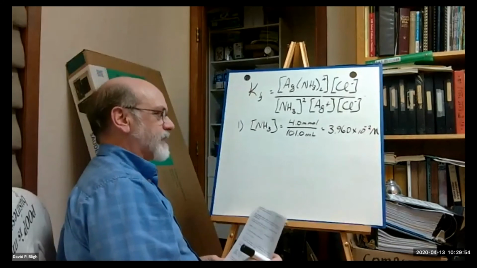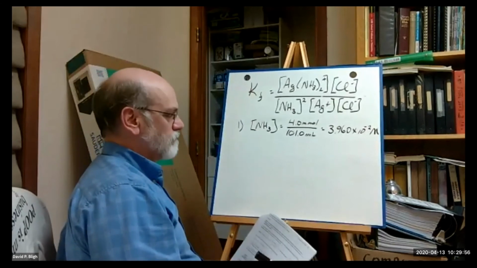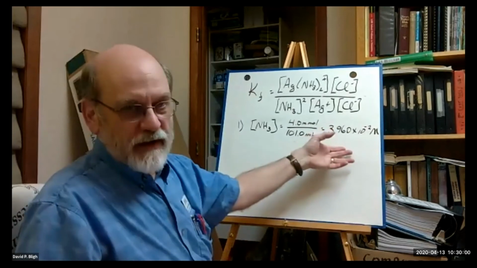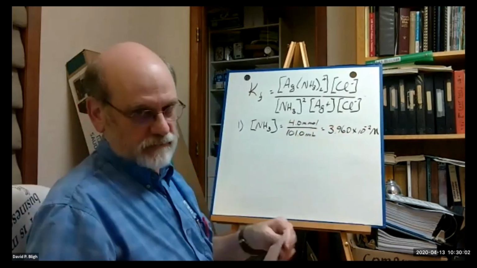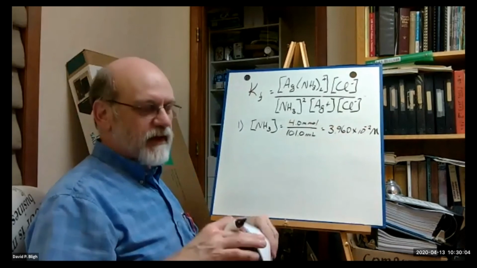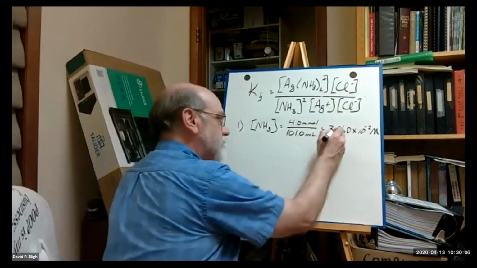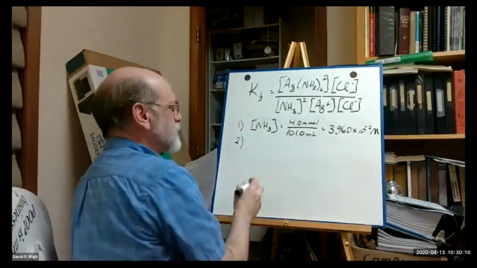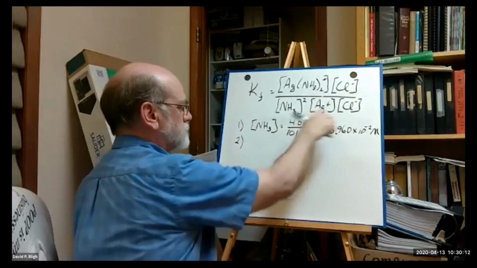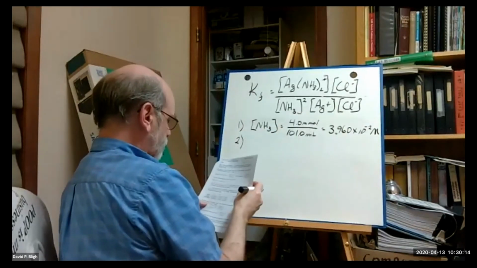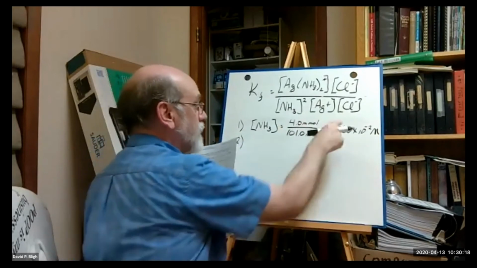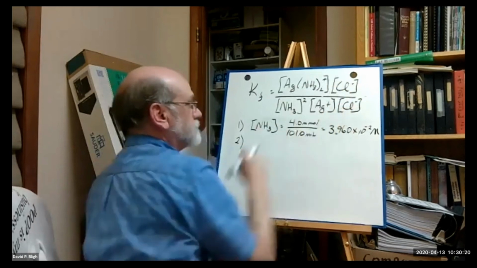Okay? And like I always say, don't throw away any decimals until the very end. Keep them all. That helps you avoid rounding errors. Okay, the second one. What was the second one over? Chloride. Well, the chloride you have now is up here. It's a product.